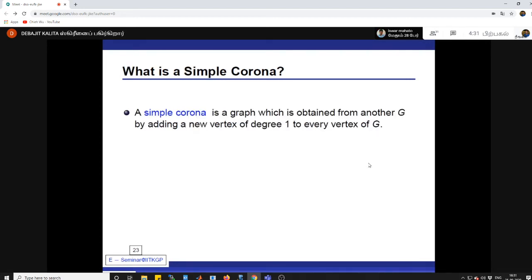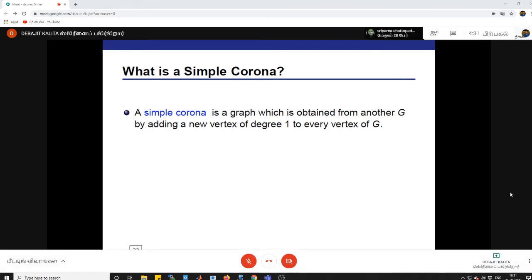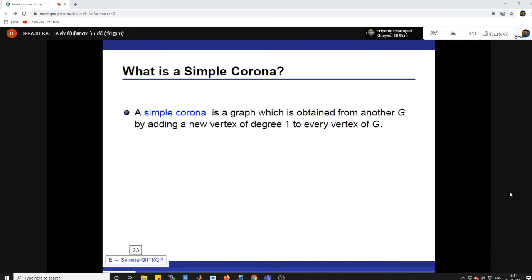Now, before we answer that question, let us talk about what a simple corona is. Nowadays all of us are scared of this corona, but we should not be worried about this corona, because it is not going to harm any of us. It will, in fact, help us. Now, what is a simple corona?